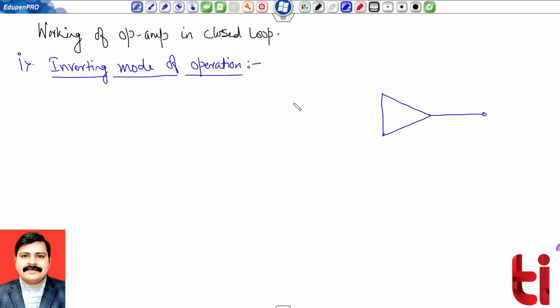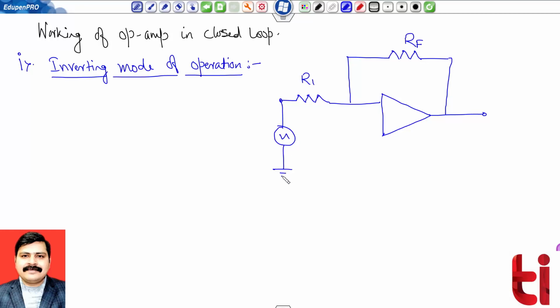I am having a series resistance using the standard notations. Series resistance is R1, and this is a feedback resistance, and in general the notation of feedback resistance is RF. I am giving Vin as input signal to the inverting amplifier and making the non-inverting terminal ground directly.